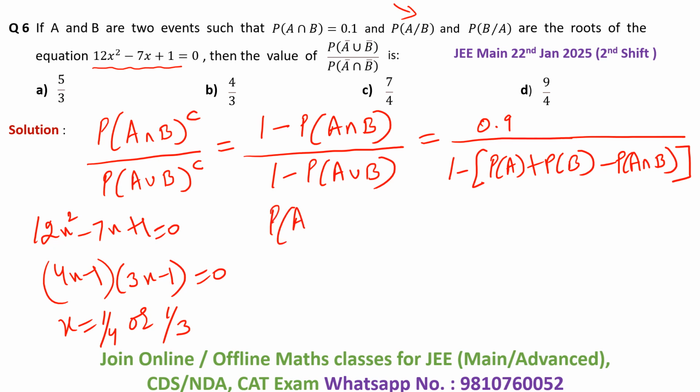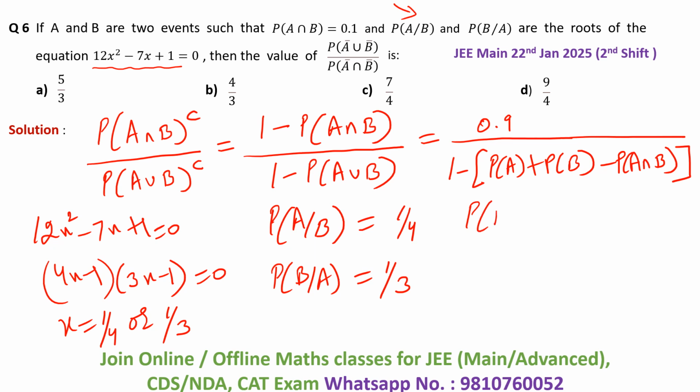Now P(A/B) I am taking as 1 upon 4 and P(B/A) I am taking as 1 upon 3. Now the formula for P(A/B) is P(A intersection B) upon P(B). Fine. Now students, we have been given the value of P(A intersection B) as 0.1.